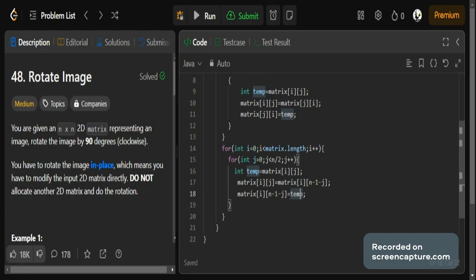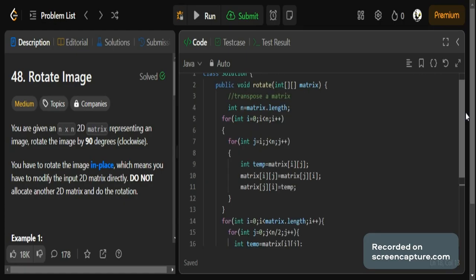As we see here, i and j is at the position of the last index, and at the last index I have stored the matrix ij value. So in this way, I have solved this problem and rotated the image by 90 degrees.